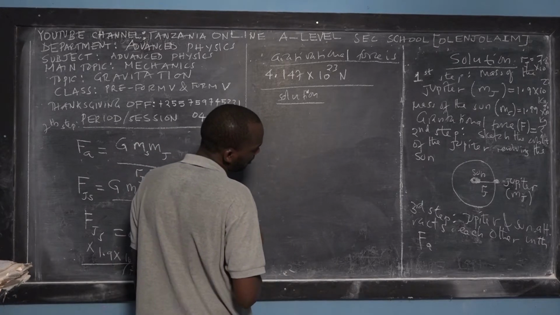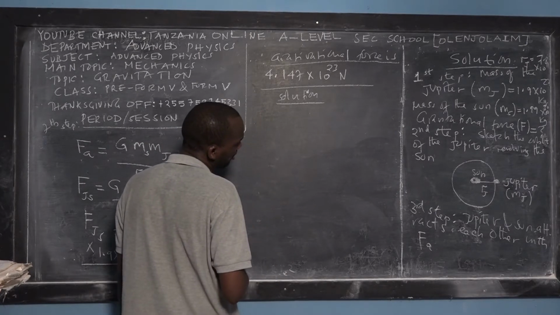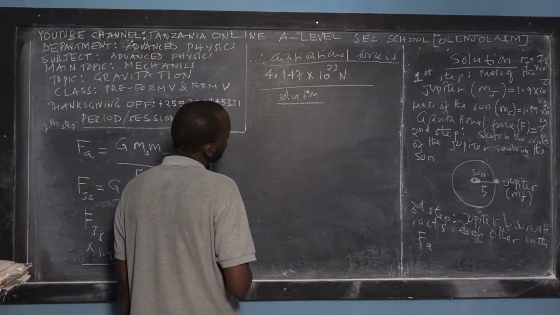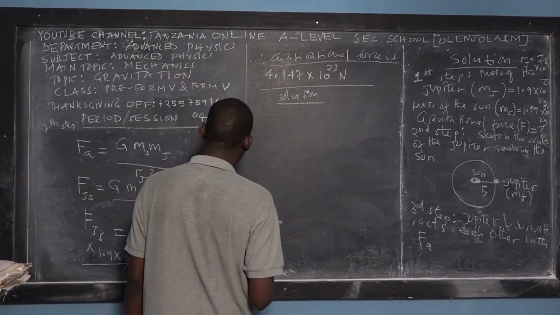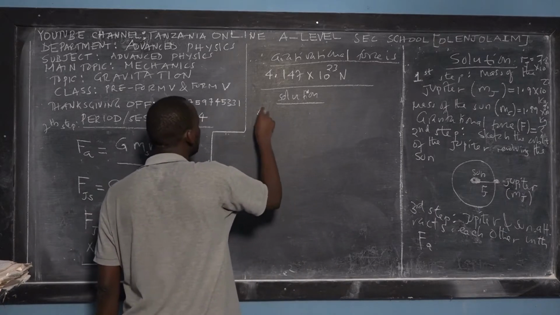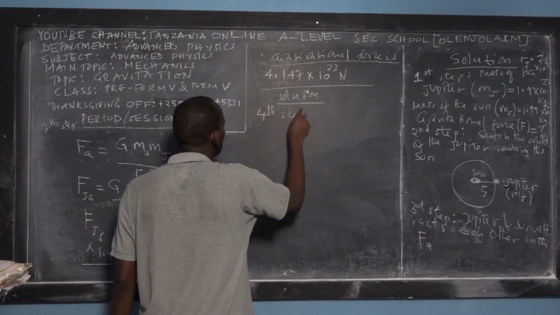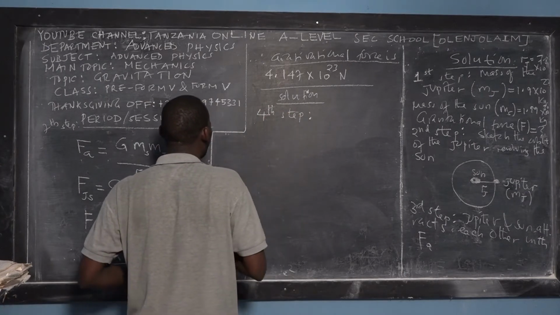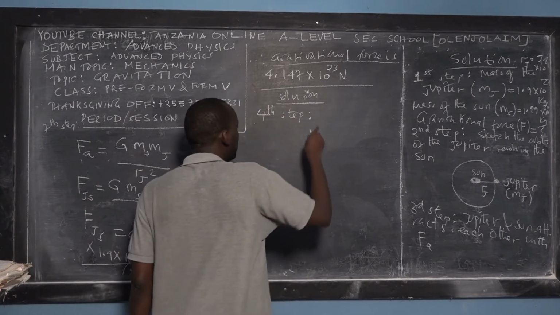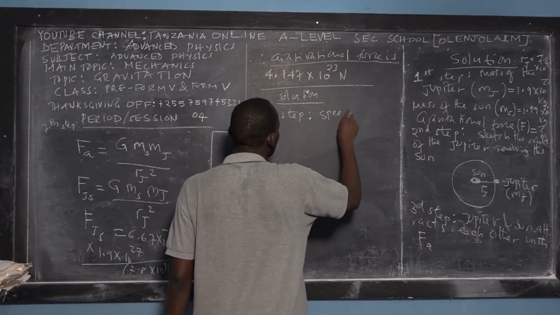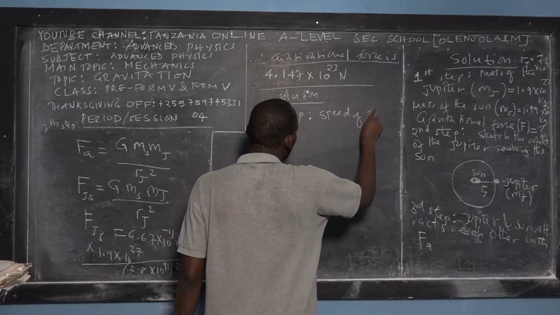and this will be the force. Okay, so this is for the system. Force state. So the force state, what is required is the speed of Jupiter.